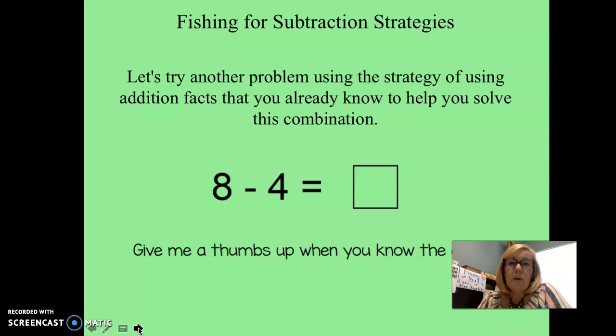Let's try another problem using the strategy of addition facts that you already know to help you solve this combination. 8 minus 4 equals, give me a thumbs up when you know the answer. 4.